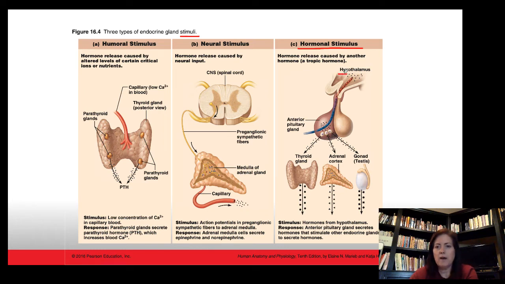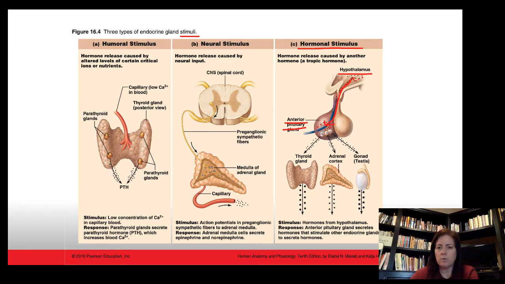We have hypothalamus, which is connected through blood vessels to the anterior pituitary gland. Okay, so what's going to happen is the hypothalamus is going to release hormones that travel to the anterior pituitary and tell it to release its hormones.